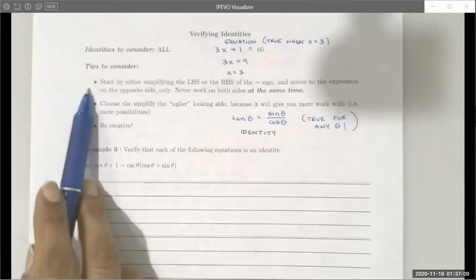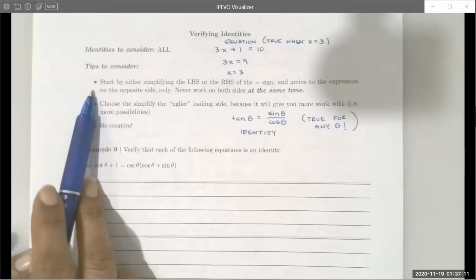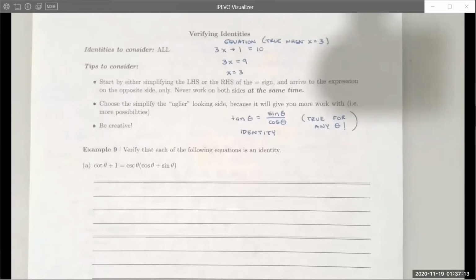That's the very first tip that I've written up here for you to keep in mind: you want to start by simplifying either the left-hand side or the right-hand side of the equal sign, and then arrive at the expression on the opposite side only. You never want to work on both sides at the same time, because then you've already assumed that the equation is true.